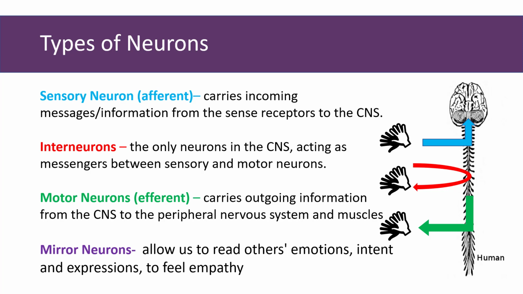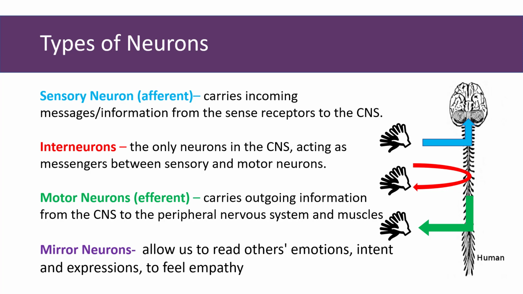Those are mirror neurons. Laughter ignites the response of mirror neurons. Do you think it's a surprise that in comedy television shows they have those laugh tracks? Because if you hear laughter, you are more likely to laugh along with it.